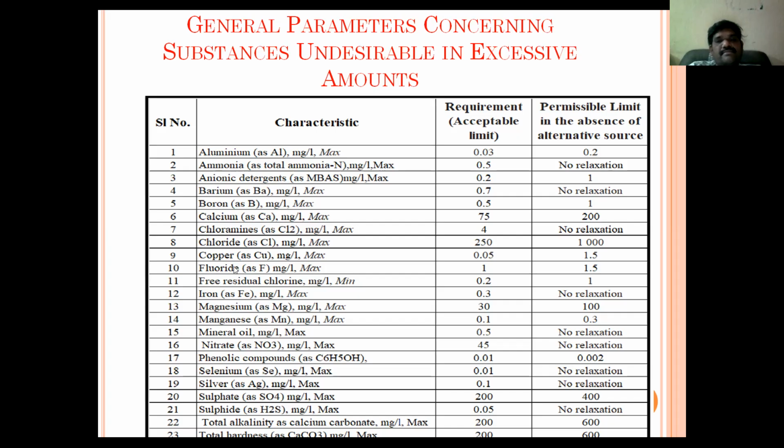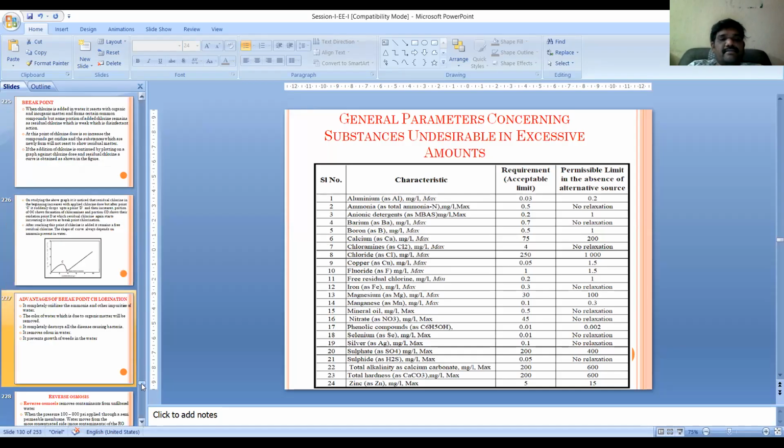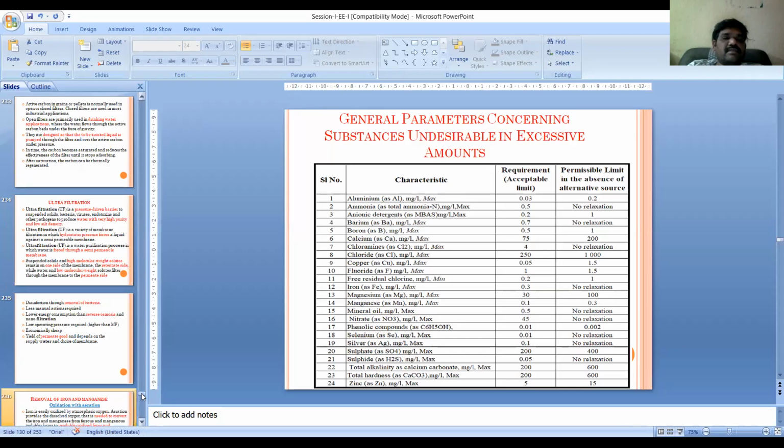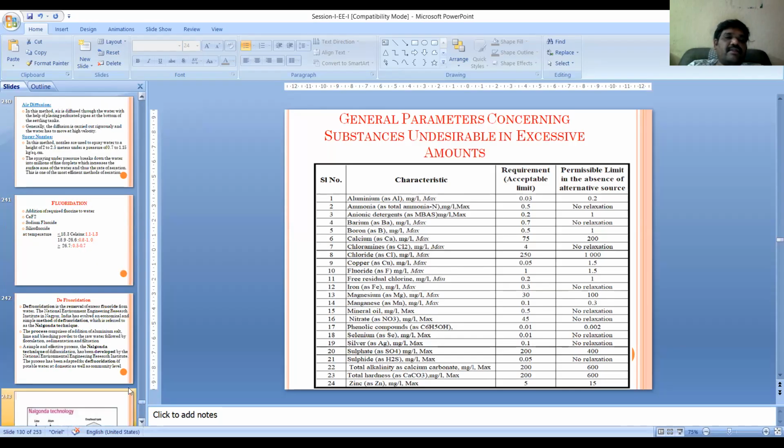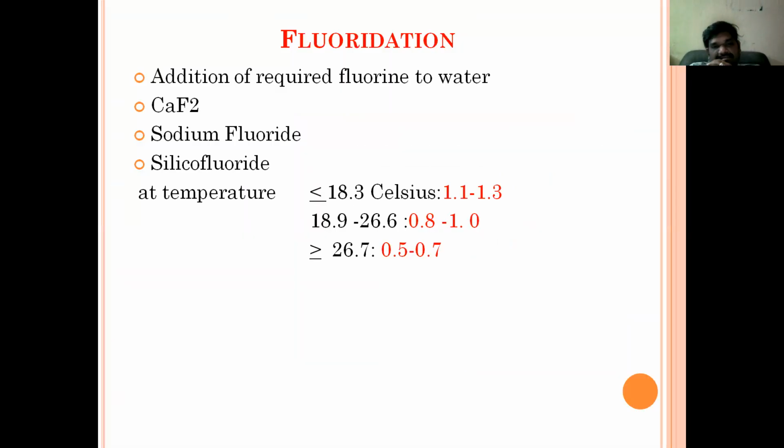Now we'll go to that topic, that is fluoridation. We are in Unit 5, and the topic name is fluoridation and defluoridation. I have just mentioned the important points here. As you have seen, the fluoride acceptability limit is 1 mg per liter.